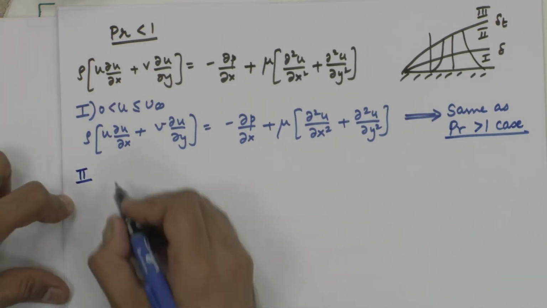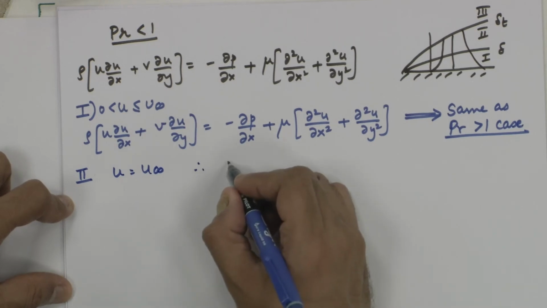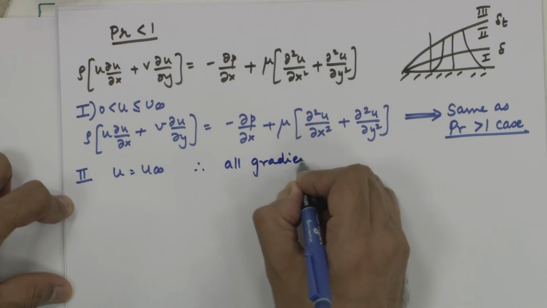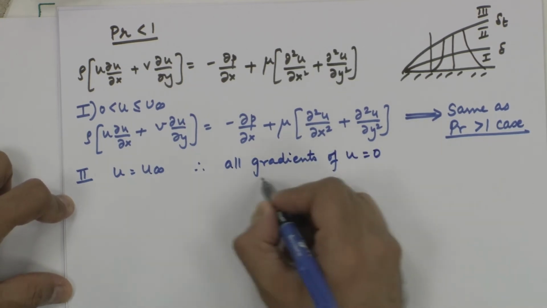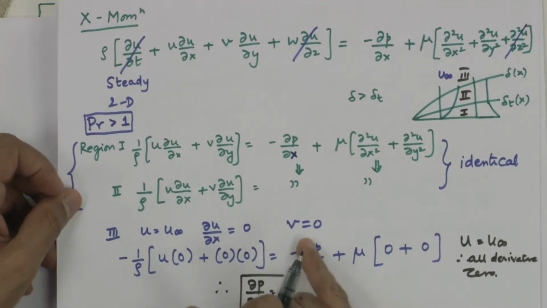Region 2, u equal to u infinity, therefore, all the gradients will be 0, and v is 0, we saw that, we saw v equal to 0 here.